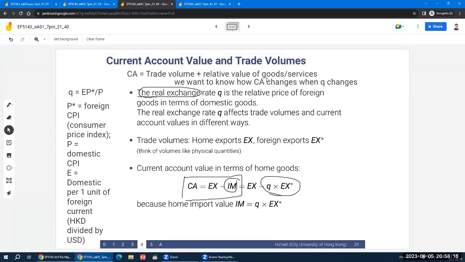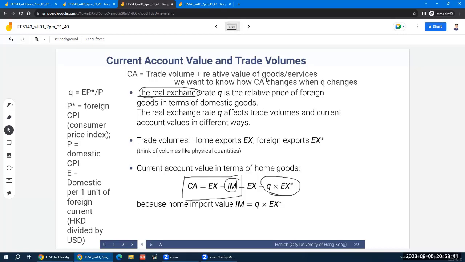The relative value part comes from Q. So assume that there's no trade volume effect whatsoever. So EX and EX star are held constant. Then if relative prices increase, with Q increasing, the current account is going to decrease, right?